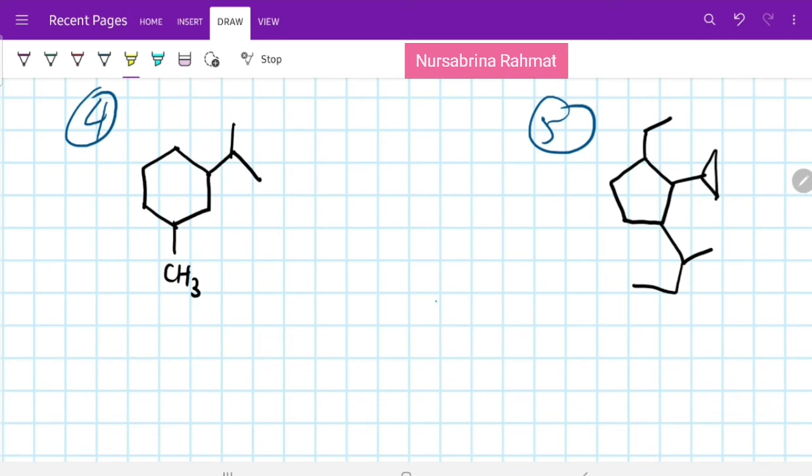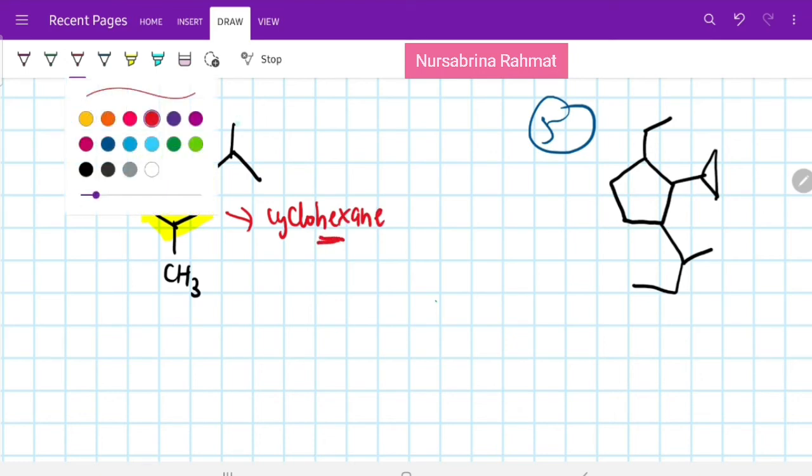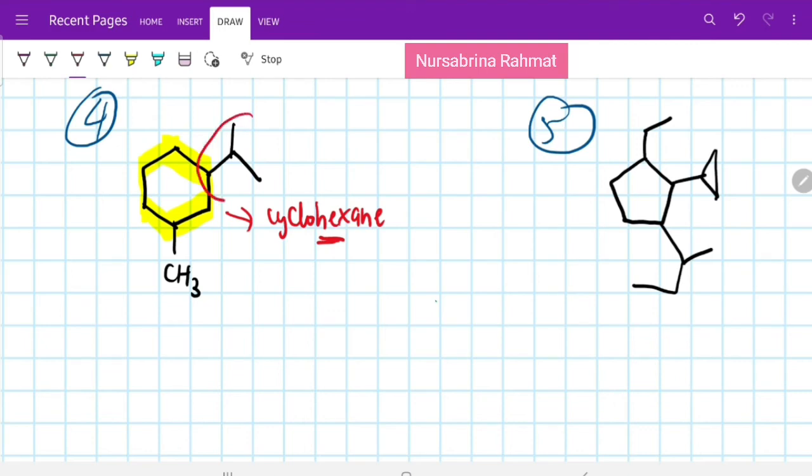So here we have a cyclic alkane, and this cyclic structure is made up of 6 carbons. So this is cyclohexane. Hex means 6 carbons. I have two substituents here. My first substituent is actually an isopropyl.